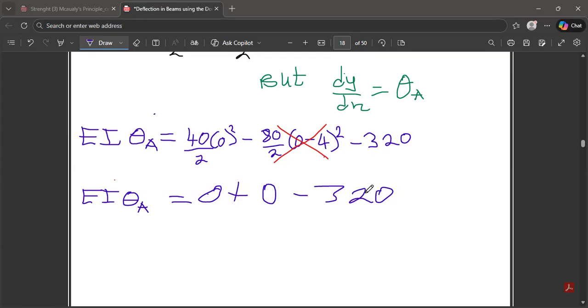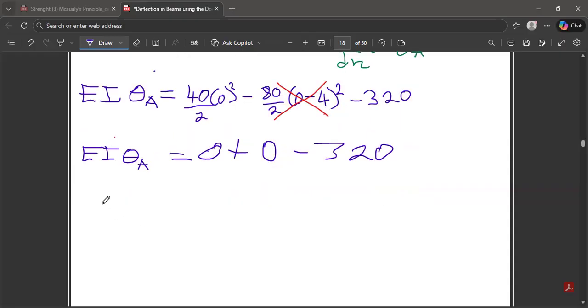So this finally is going to give us minus 320.